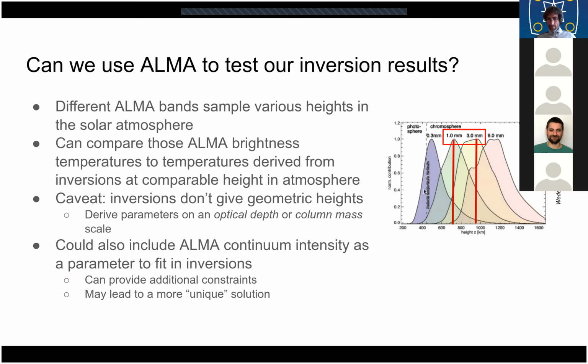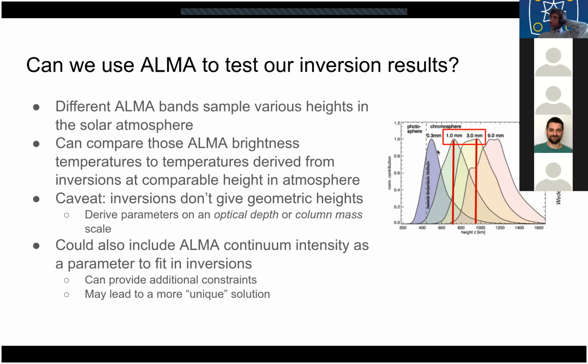This is basically taking an MHD model of the sun's atmosphere and making a histogram of where the radiation in these various bands is coming from as a function of height in kilometers above the solar surface.